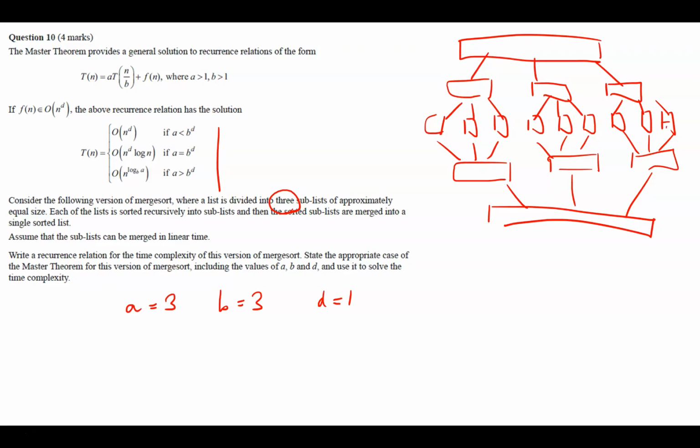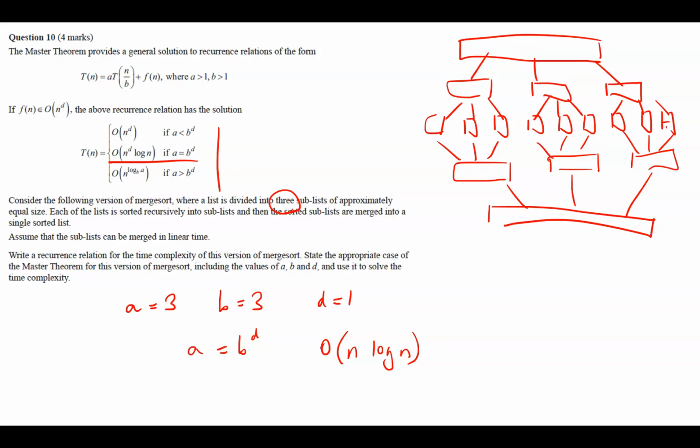This is just a different version of the same problem. So now again we compare A and B to the power of D, and we can see that they are the same. So again, we've got case number 2, which is this case here, which means our solution is big O n to the power of 1 log n. So whether we split into 2, 3, 4 lists, we're going to get this n log n time complexity.